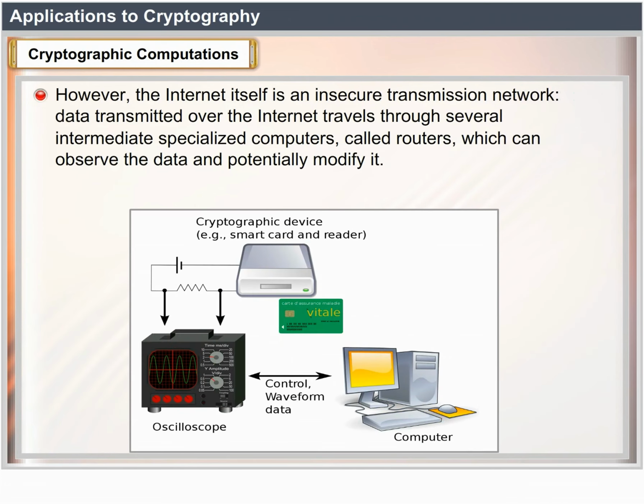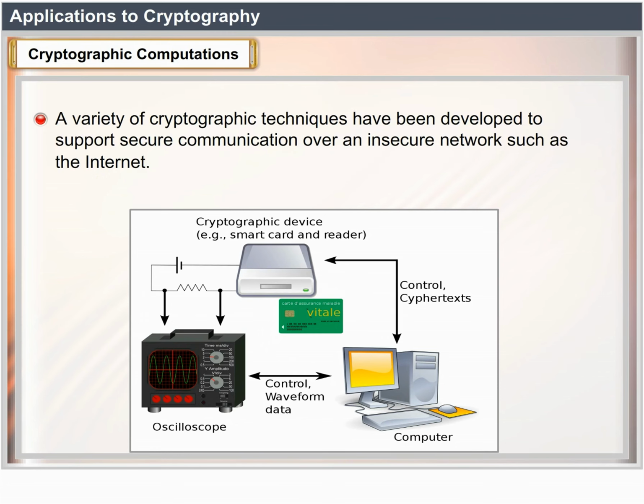However, the Internet itself is an insecure transmission network. Data transmitted over the Internet travels through several intermediate specialized computers called routers, which can observe the data and potentially modify it. A variety of cryptographic techniques have been developed to support secure communication over an insecure network such as the Internet.